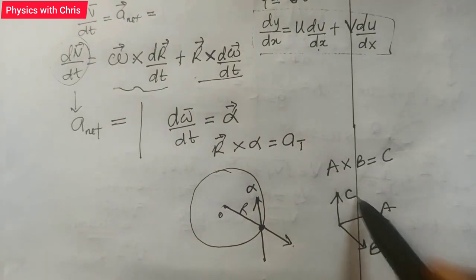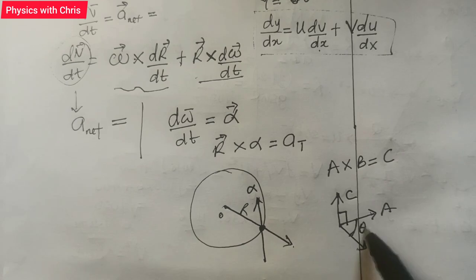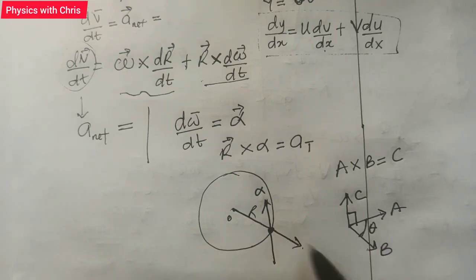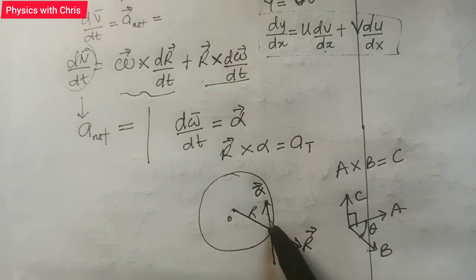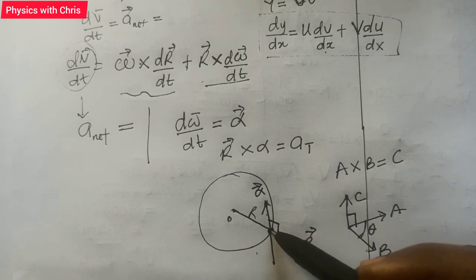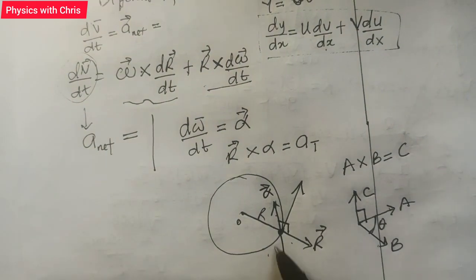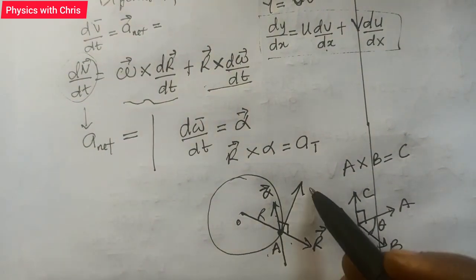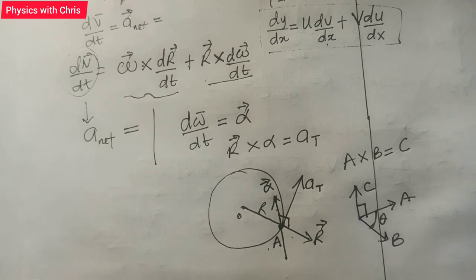So vector C is always at right angles to the plane containing these two vectors. Of course, this is the angle between them, you can call that theta. So here we can see that r is directed this way and alpha, my angular acceleration, that way. It means that the product of these two, remember the angle between them is a right angle, is going to be a vector that lies along the tangent at this point A, for instance. So that acceleration is why it is called tangential acceleration.